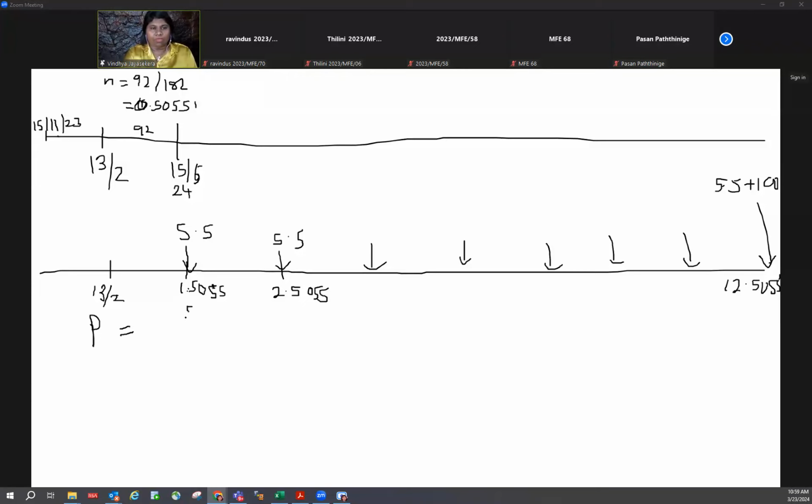My price is 5.5 discounted by 1 plus R to the power, sorry, this is not 1.055, this is 0.5055. This is 1.5055. This is 2.5055 and so on, right?